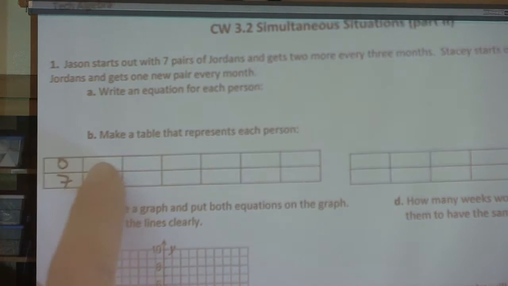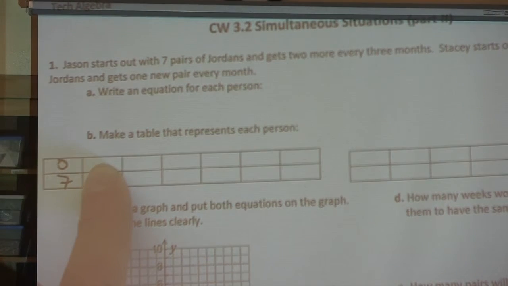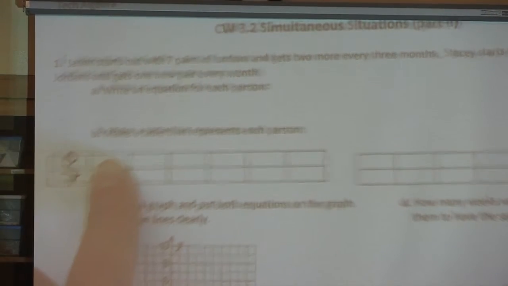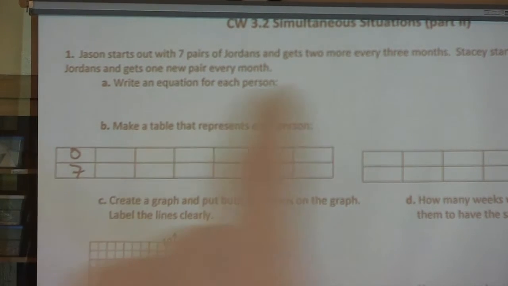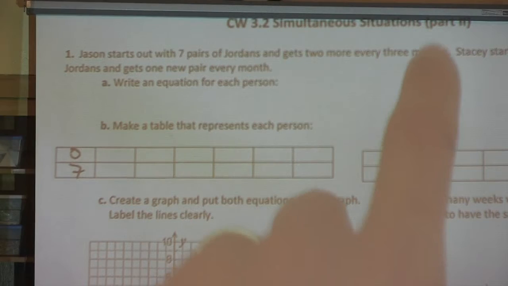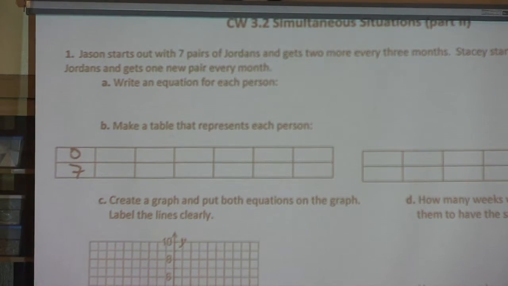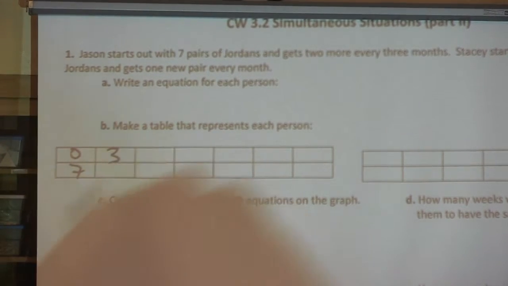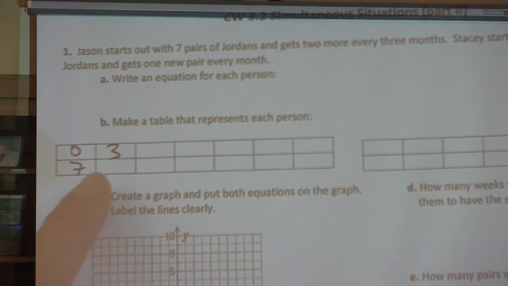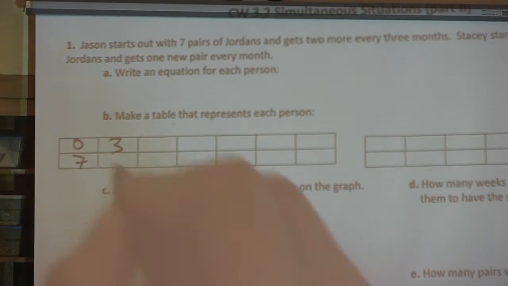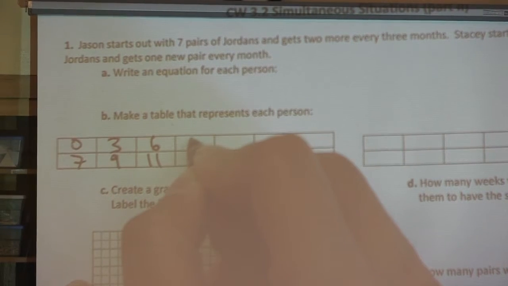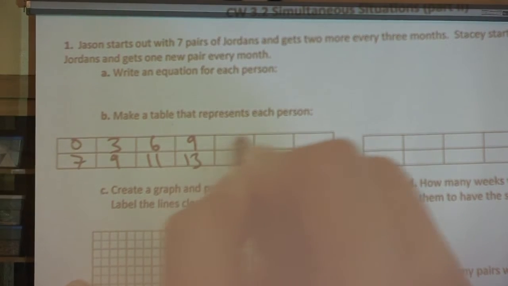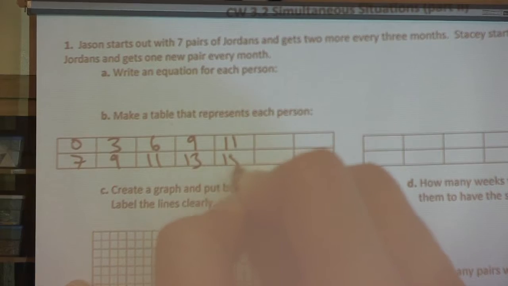And so here they were saying, well, if she's getting 2 more every 3 months, or he is, then let's just look at every 3 months. So in 3 months, what's your new total? 9. And then in 3 more months, 11, and 3 more months. Wait, hold on.